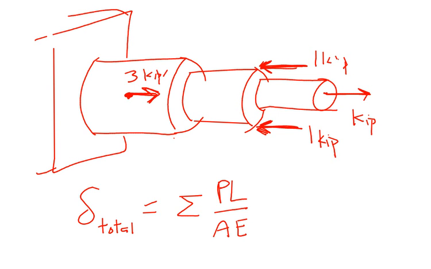In the previous example, we had 3 segments, just the 1 kip pulling on the right. How many summation terms were there? It was 3. How many in this case? I want you to think hard about this. How many segments are you going to have if you try to sum up all the PL over AE terms in this problem?